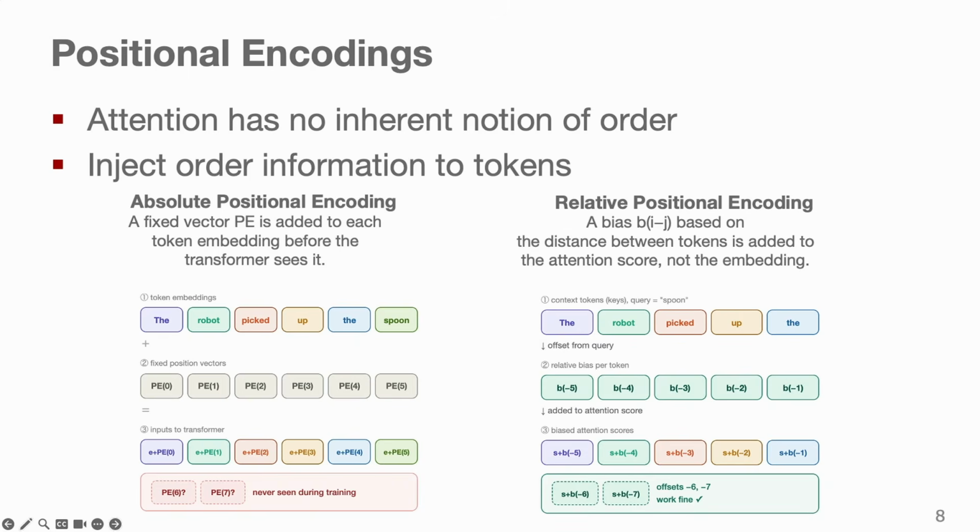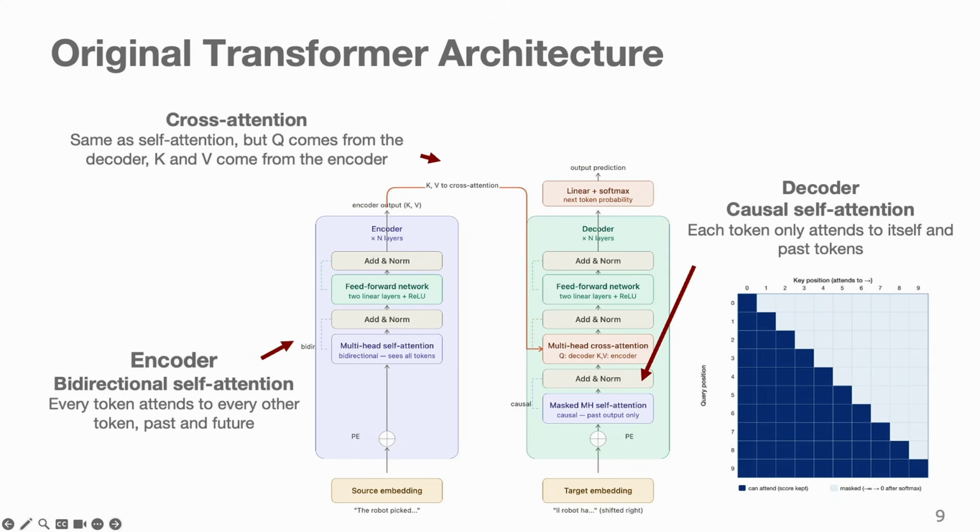So in our example, the word spoon attending to robot will know that it's just 4 steps away, regardless of where in the sequence they are. And crucially, this then generalizes to unseen lengths. Many of the modern foundation models build upon similar extensions based on relative distances.